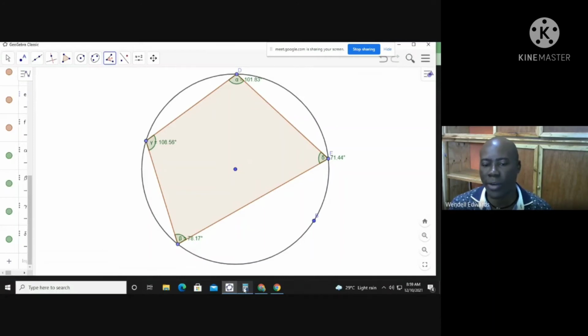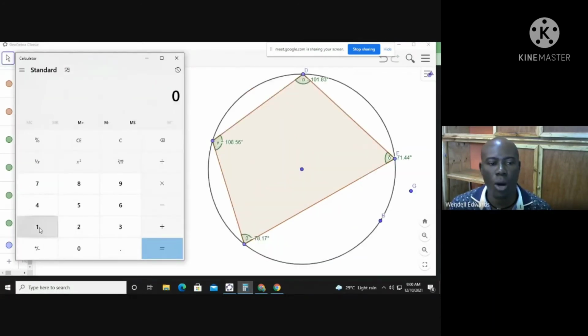Let's double check it with our calculator quickly: 108.56 plus 71.44 equals 180 degrees. So opposite angles in a cyclic quadrilateral are supplementary, which means they add to give 180 degrees.